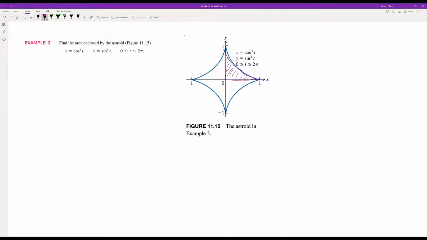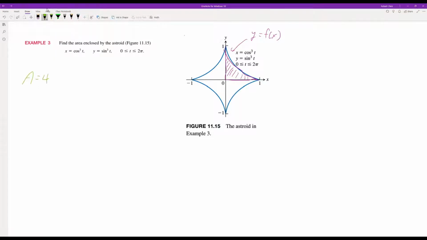If you look at the purple area, that's just the area under the curve. If we think about this as y equals f of x for just this segment of the blue line, then we can represent the area like this.